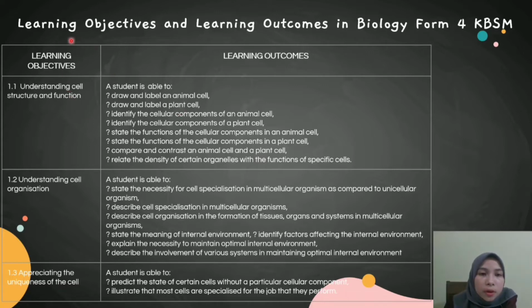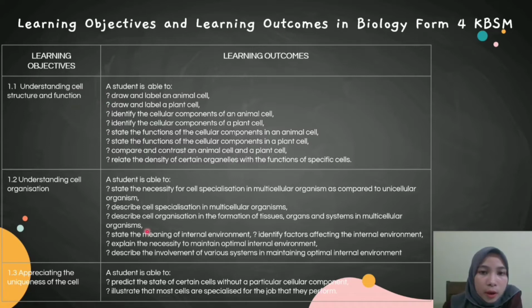In my opinion, as I said before, learning objectives should stay away from generic verbs such as understand. In KBSM, they use the term understand, which is too generic. To make a good learning objective, we must avoid using understand.